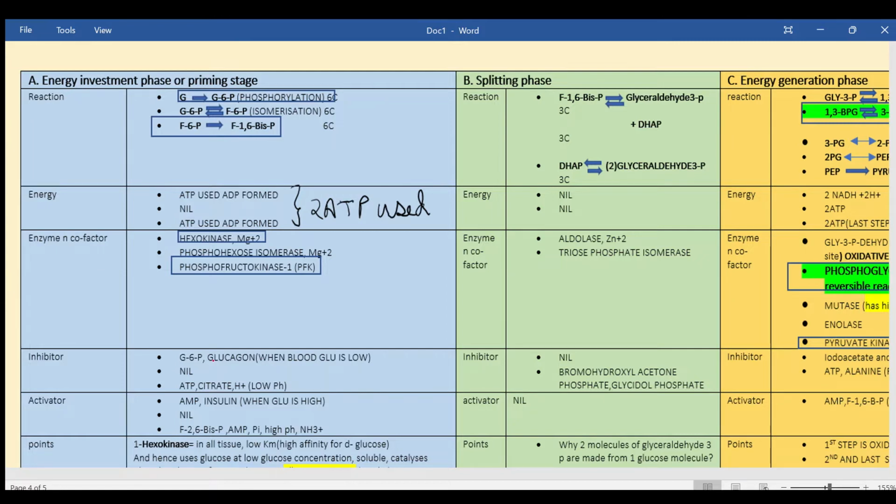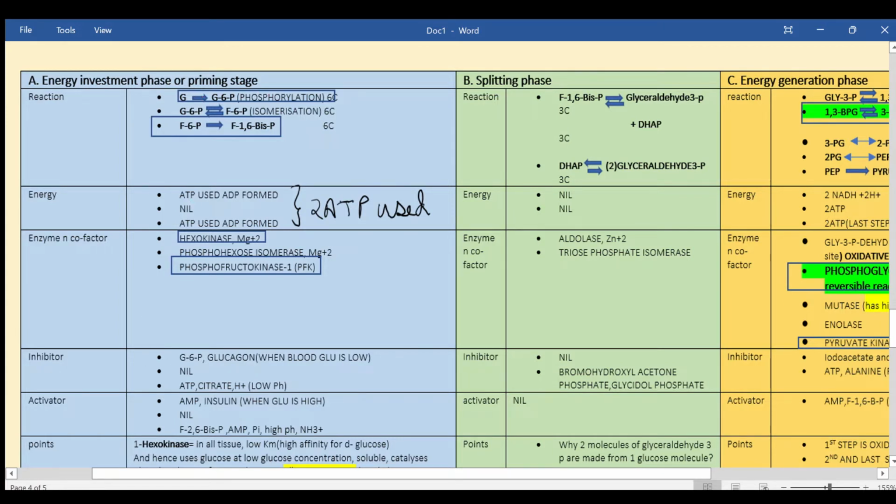But insulin, if you know insulin, it is released from the alpha cell of pancreas. Insulin is released when blood glucose level is high. So glucagon is released when blood glucose level is low, and this will act as an inhibitor for the first step of glycolysis to inhibit the glycolysis process.